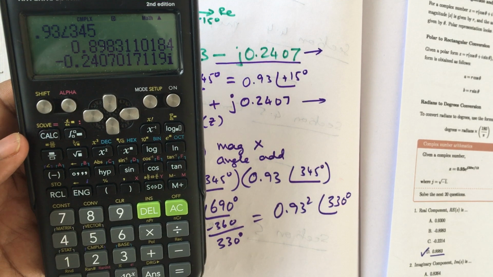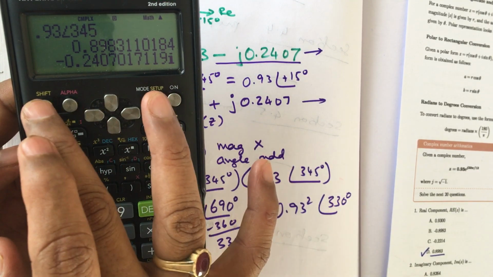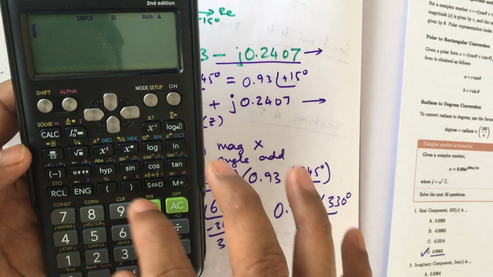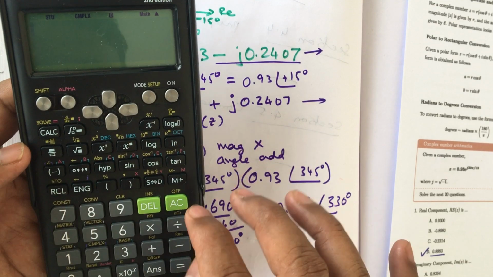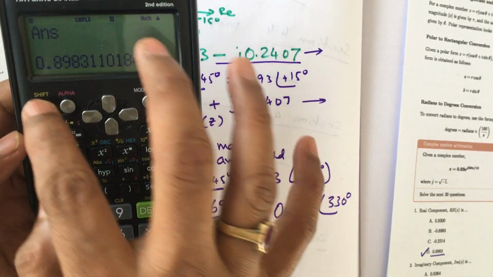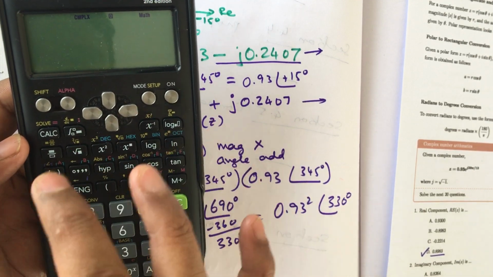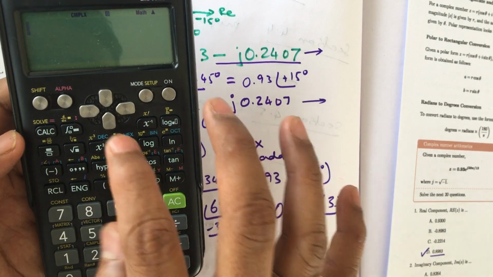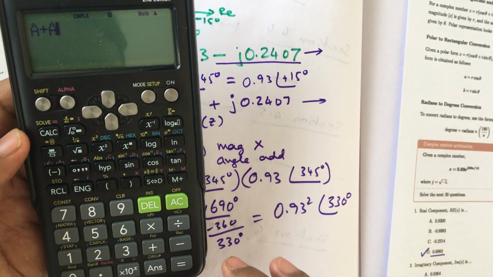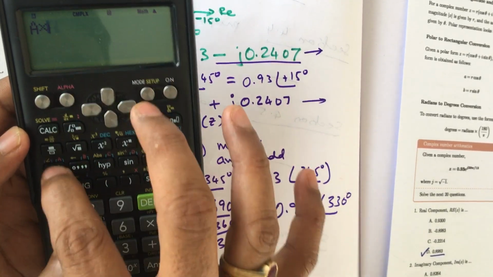Now I want to store this in A. Yes, now it got stored in A. Now A square. Okay, so A into A.